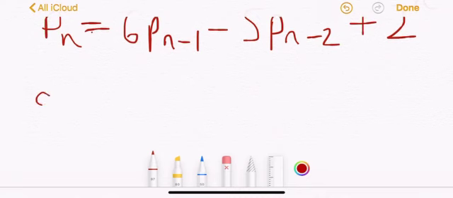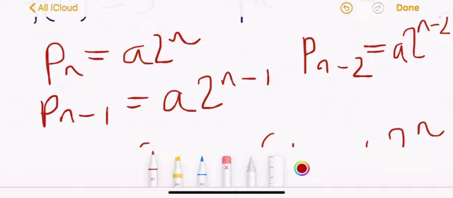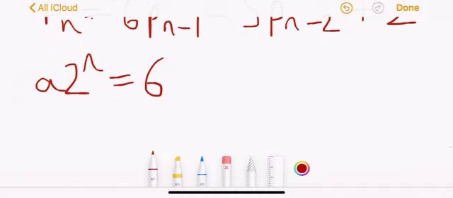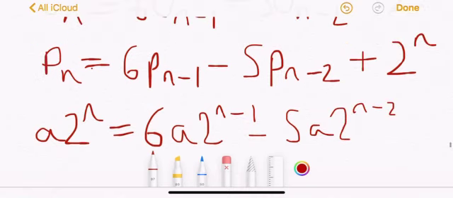So we have a 2 to the n equals 6 lots of p_(n-1), while p_(n-1) was a 2 to the n minus 1. So we have 6a 2 to the n minus 1, and then minus 5 lots of p_(n-2), so a 2 to the n minus 2, plus 2 to the n.